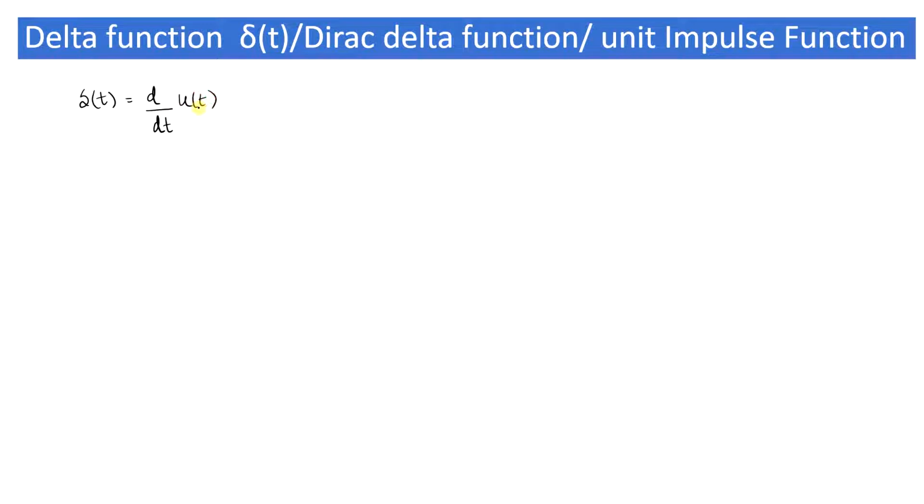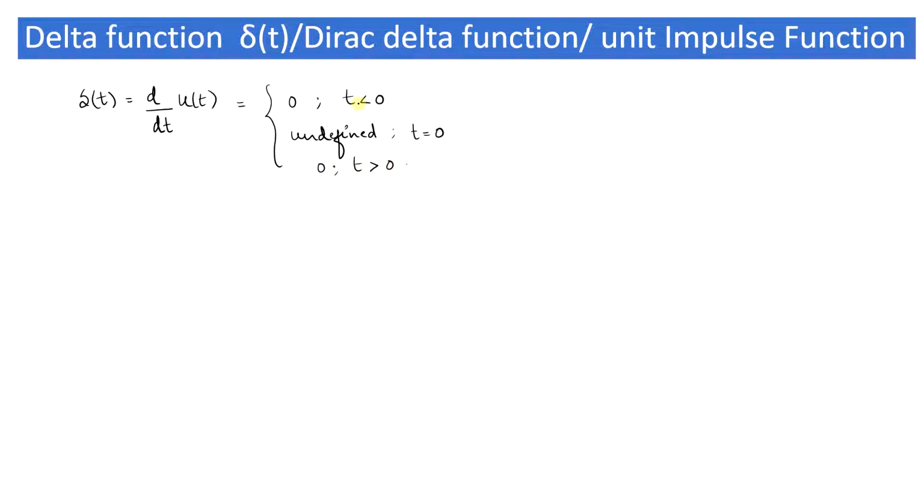So from the derivative of unit step function we obtain the delta function, and we can express this as equal to 0 for t less than 0, undefined if t is equal to 0, and equal to 0 for t greater than 0.